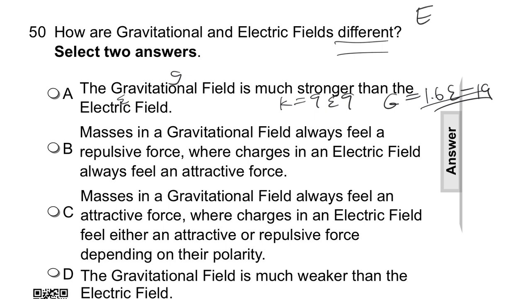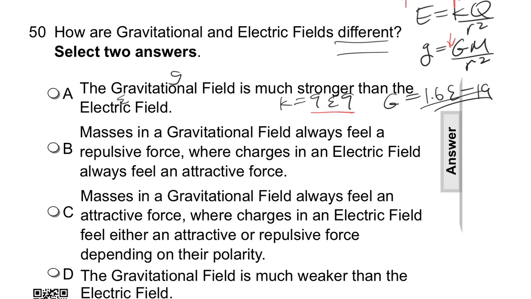If you look at the equation for electrical field, it would be K big Q over R squared. The equation for a gravitational field is big G big M over R squared. So because big G is so much smaller than K, K is so much bigger. 9 times 10 to the 9 compared to 1.6 times 10 to the negative 19.